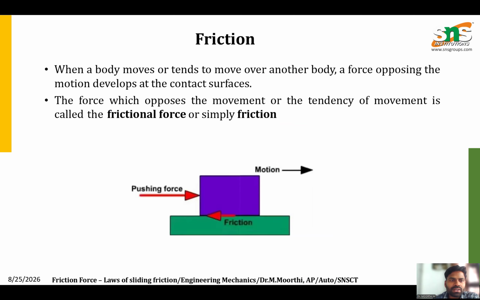When a body moves or tends to move over another body, a friction opposing the motion develops at the contact surface. Simply, friction is the force that is created when two objects roll over one another, and the friction force will act in the opposite direction of the object movement or the contact surfaces.